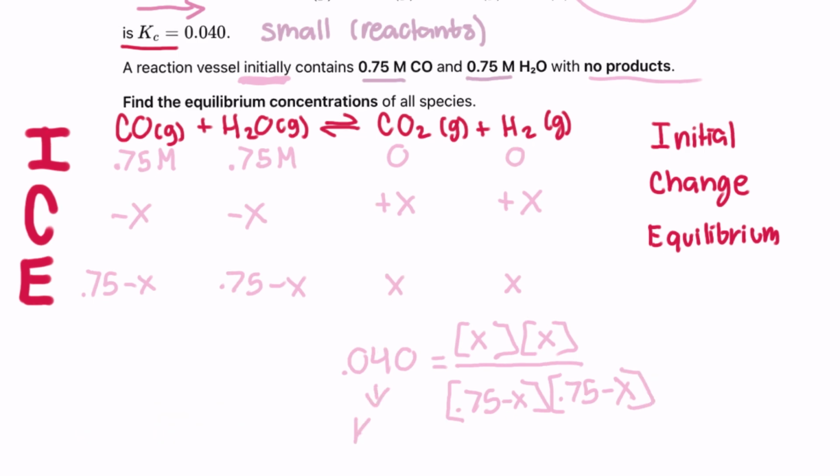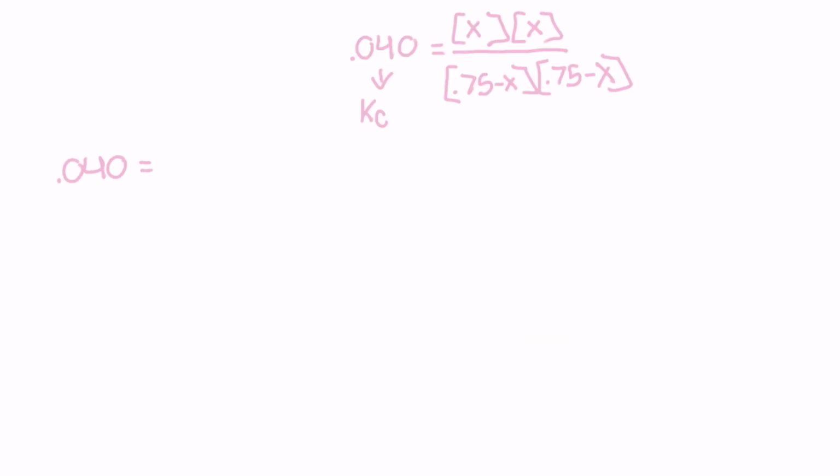So here's what we have after plugging in all of the values. This looks like a little bit of a mess, but with rearranging, we can get it to look like a quadratic equation. This is essentially this, and we will now just solve for x.